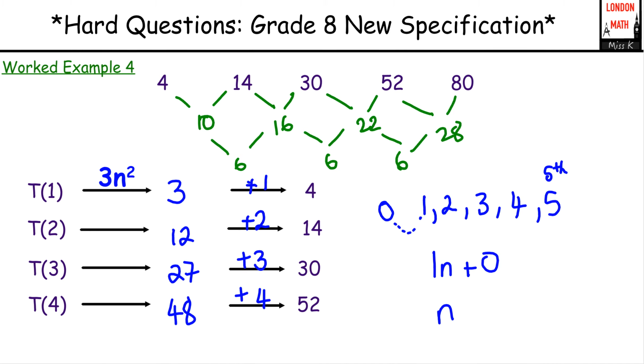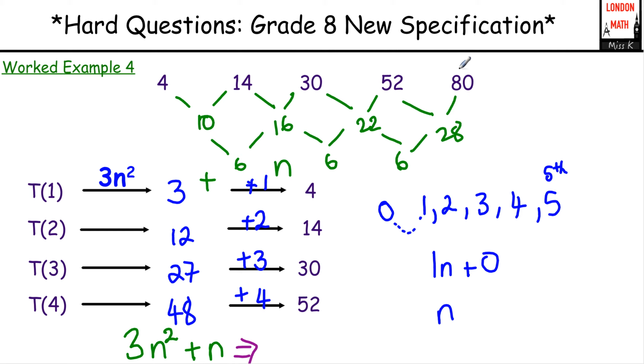Okay, so what we're in effect doing is adding on n. For each time we've calculated this stage, I'm just going to add on the position, which is n. So the nth term to this sequence is 3n squared plus n. Okay, so you may want to verify this because it's a bit tricky to first understand.